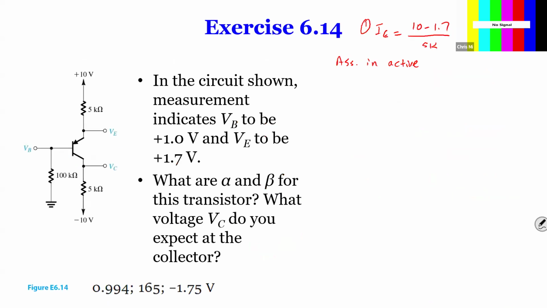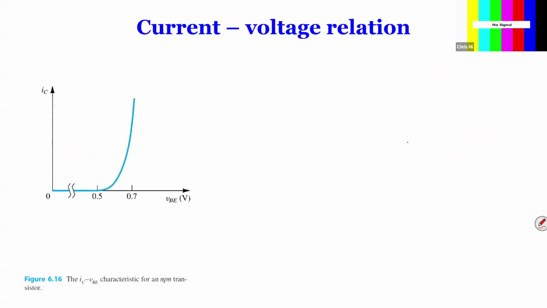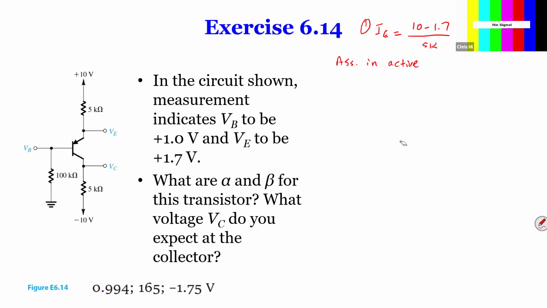So we're assuming active, which means we can find either IC or IB.